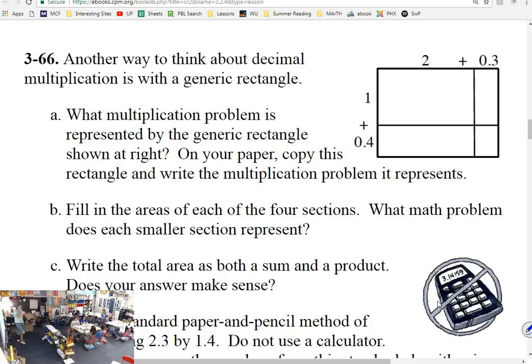It's representing 1.4 times 2.3. It is kind of set up space-wise to help you visualize. 2 is bigger than 1. We're not dealing with perimeter here, actually. We're actually going to deal with area. That's why I steered away from that answer, because we want to talk area.